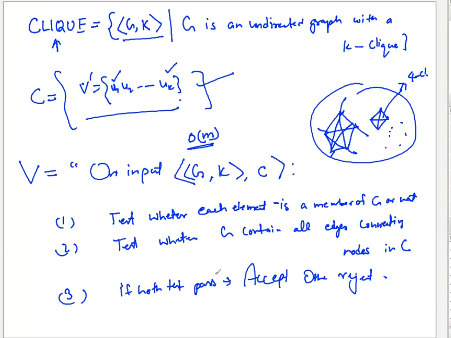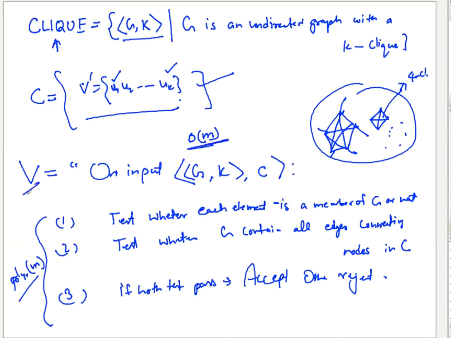Again, that will be not more than polynomial in M. Actually, k square is bounded by m square, and here it is bounded by m steps. So overall, this running time will be polynomial in M, and your input size is M.